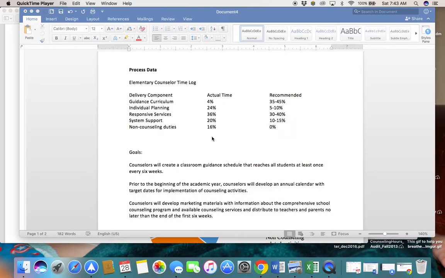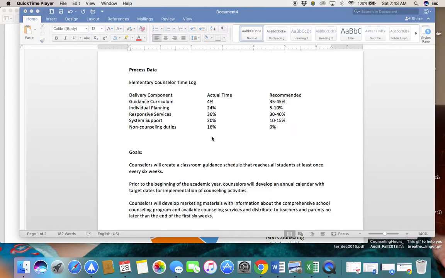If you've not looked at that file, the file is in the module. What it does is you log your time in different categories, and then it tells you what your percentages are. So we have an elementary counselor time log.